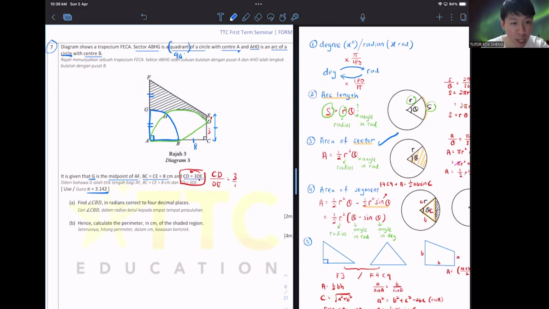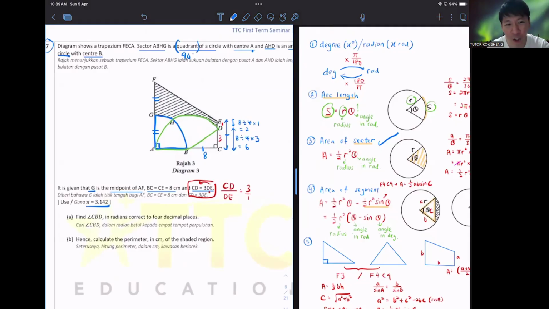Because of CE, we have the length 8 already, so you're able to find CD and DE. CD: total 8, divide by 4 times 3, so you get the length 6. DE: total 8 divide by 4 times 1, which is 2 cm. See later whether we need the length or not.